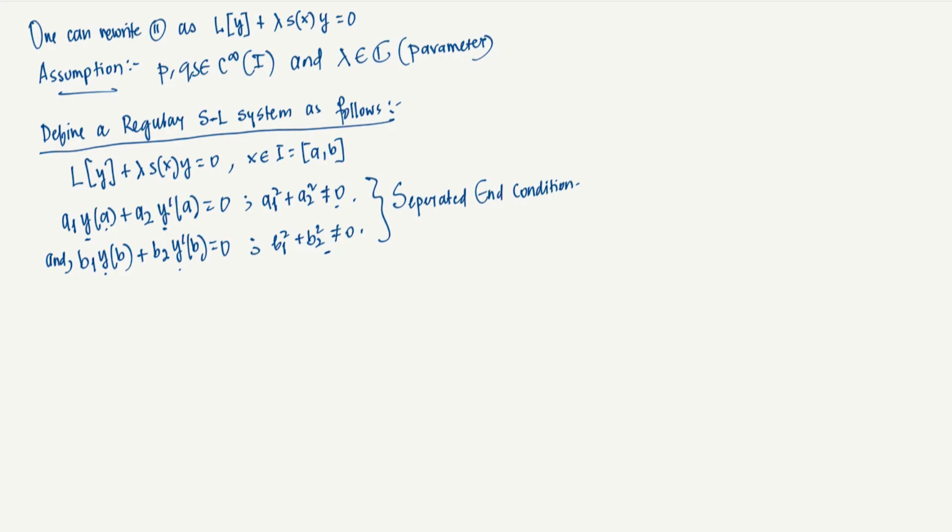So we have to have information both at the point A and at the point B. We should have information on y or y prime or both at A and B.